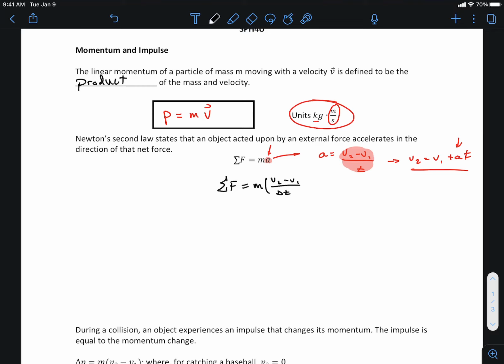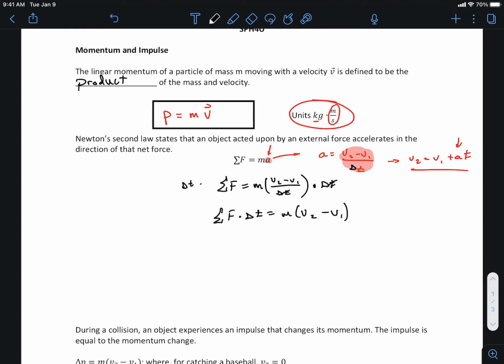We can call it the change in time. Then, to get rid of the fraction, I'm going to multiply both sides by delta t and cancel on this side. We see that the sum of the forces multiplied by delta t is equal to m times v2 minus v1.